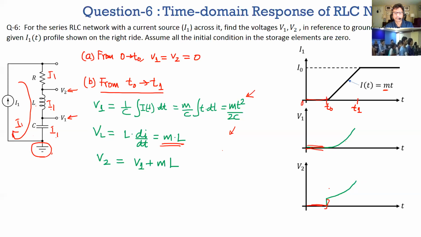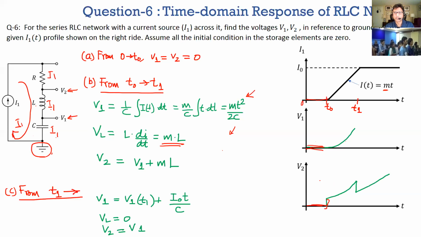From T1 to infinity, I haven't put a stop time here, V1 will equal whatever voltage it was at T0, because it's a capacitor. Whatever value is stored won't go away immediately. You have to either discharge it or keep charging it.